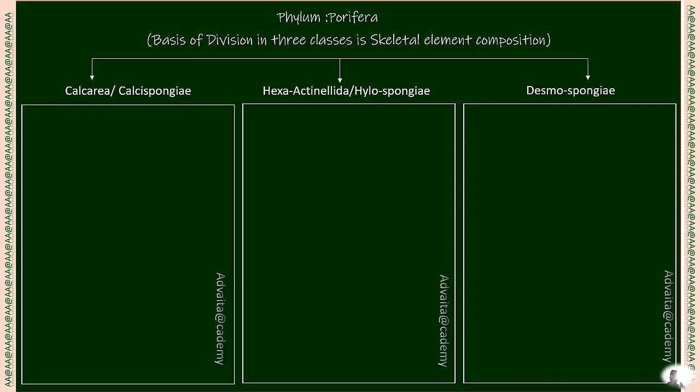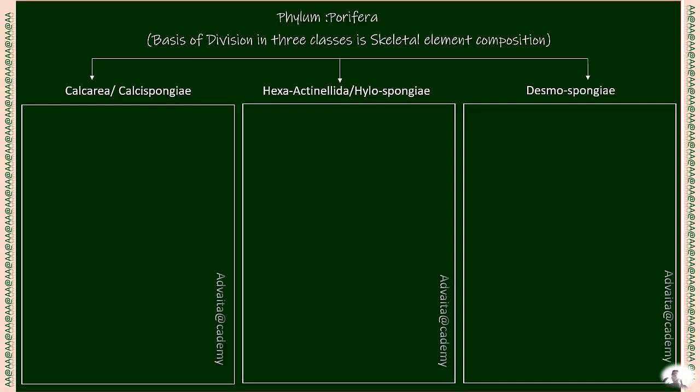Second is Hexaactinellida. Here, in Calcarea and Hexaactinellida, there are spicules. In Hexaactinellida there are siliceous spicules composed of silica.